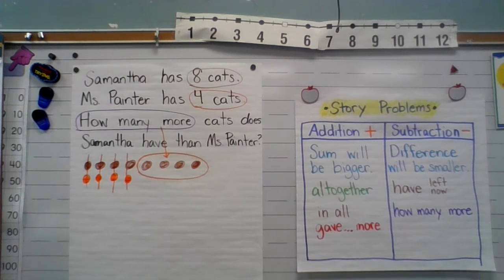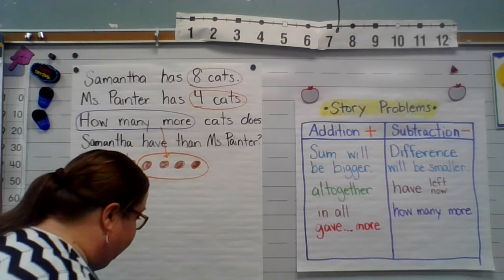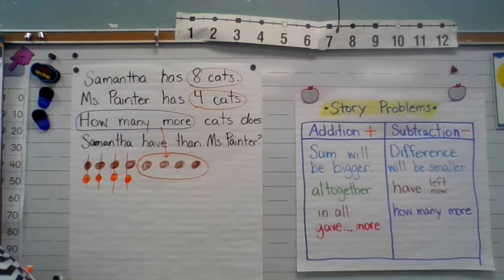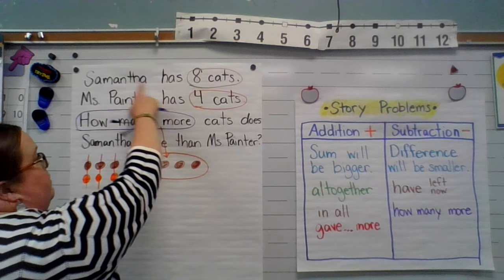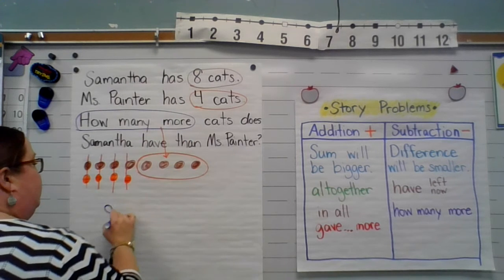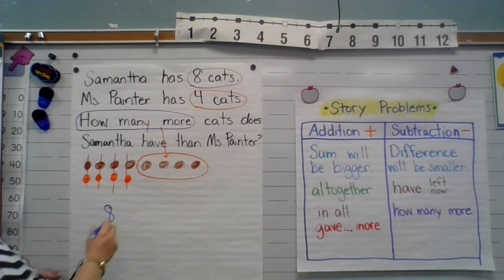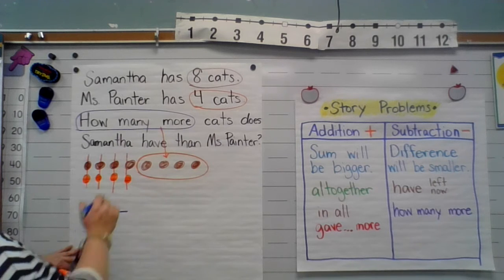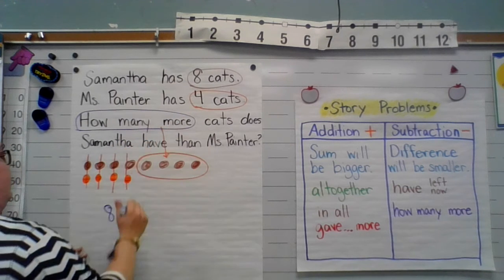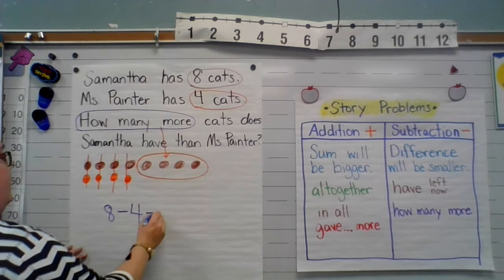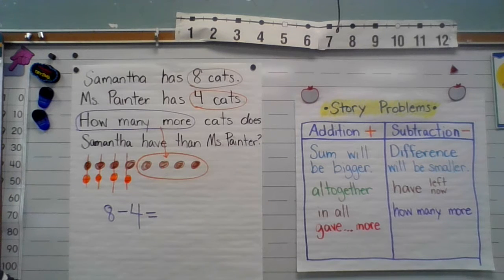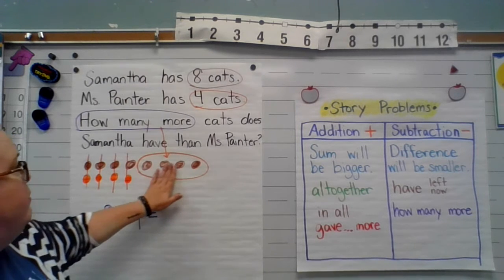Okay, now for our number sentence. All right. What number do we start with? Samantha has 8. That's the biggest number. It goes first because we're subtracting. 8 minus, how many does Miss Painter have? 4. We want to find the answer. All we're going to do is count how many more.